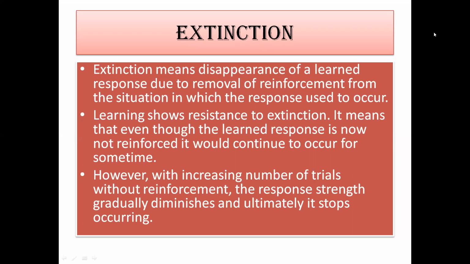Resistance to extinction increases with increasing number of reinforcements during the time when you are acquiring that learned response. If the reinforcement is delayed, then resistance to extinction increases. If the reinforcement is continuous, which is given in every trial, the learned response becomes less resistant to extinction. But if you give it partially, that is, sometimes you give the reinforcement and sometimes you do not at the time when the learning is taking place, then there is more resistance to extinction.